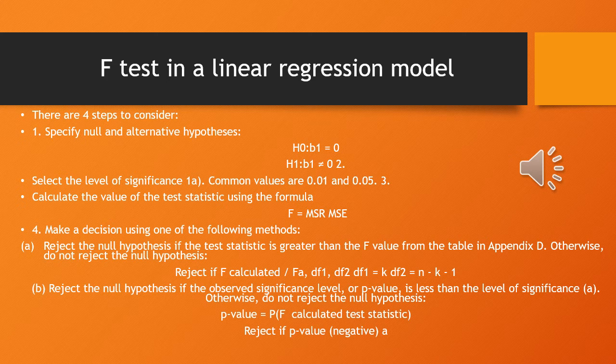Reject if F calculated is greater than F alpha, df1, df2, where df1 equals K and df2 equals N minus K minus 1. Or reject the null hypothesis if the observed significance level, or p-value, is less than the level of significance. Otherwise, do not reject the null hypothesis.